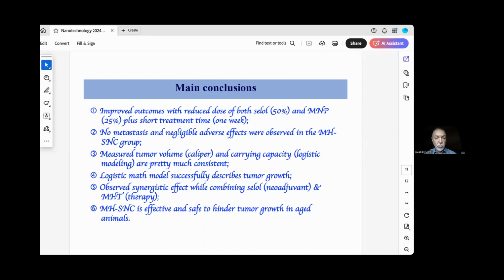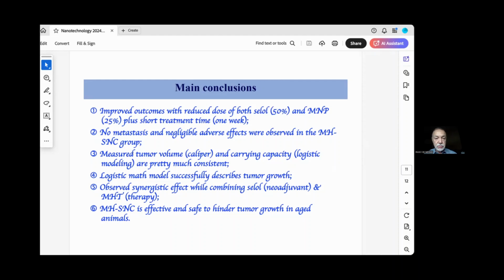Second important point, no metastasis and no side effects were observed in the best treatment that I showed you in the table, which is the magnetic hyperthermia plus silol nanocapsules.